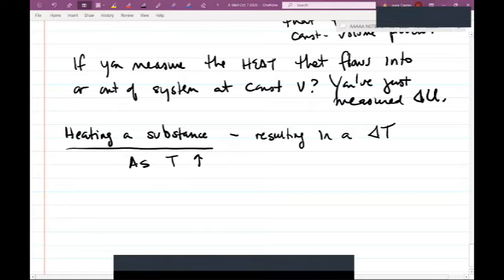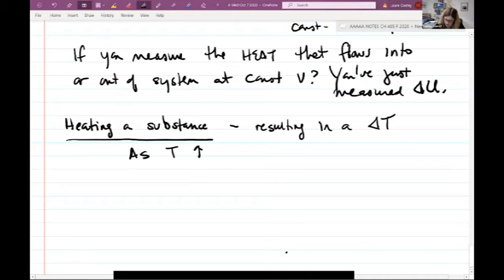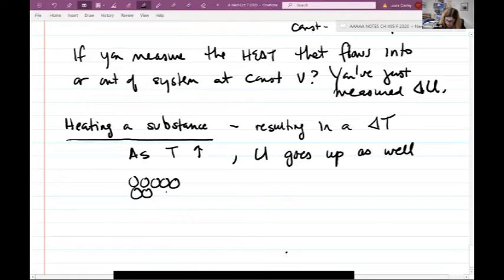Okay, so if you're heating a substance that results in a change in temperature, as the temperature goes up, the internal energy goes up as well. You could think about that even if you have a metal and all these metal atoms in a solid, all of these will be vibrating in place.